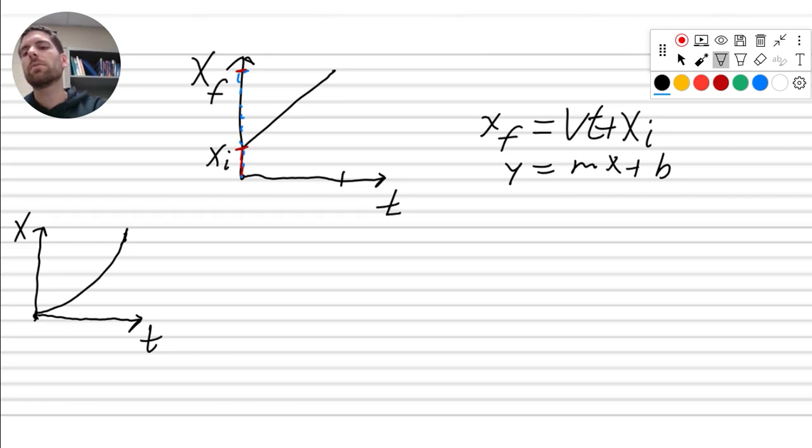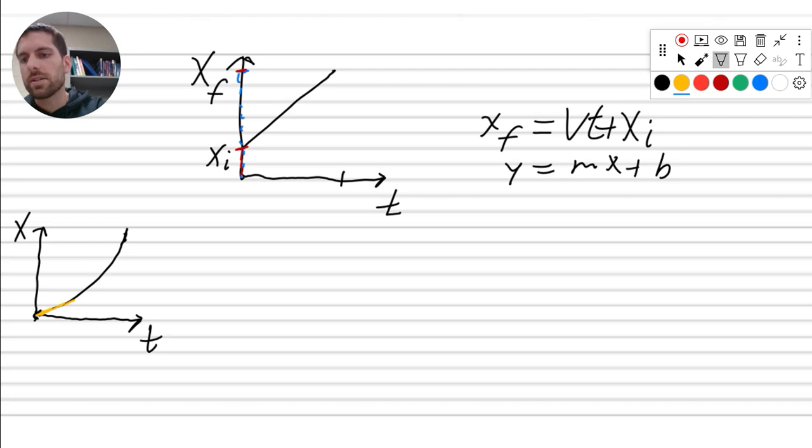For this one though, what you can think of to solve this is zoom in on a very small section of the graph. If we make this really, really tiny, like say here, that's pretty much a straight line. A little more, it's approximately a straight line. A little bit more, it's still kind of a straight line. A little bit further, it kind of stops being a straight line after that point.